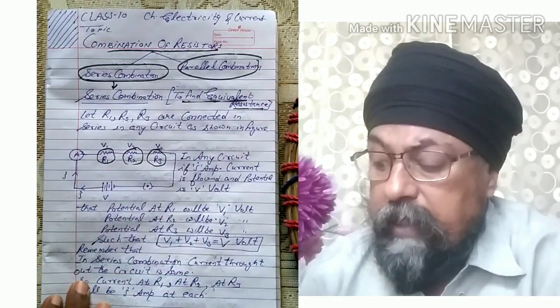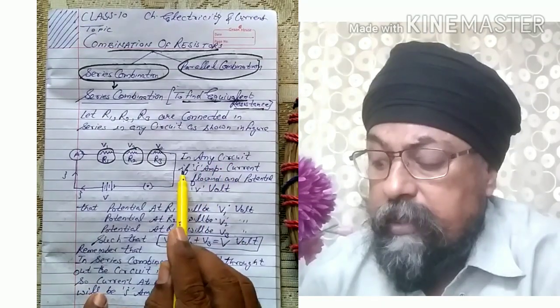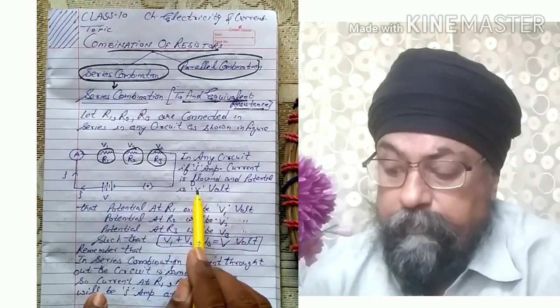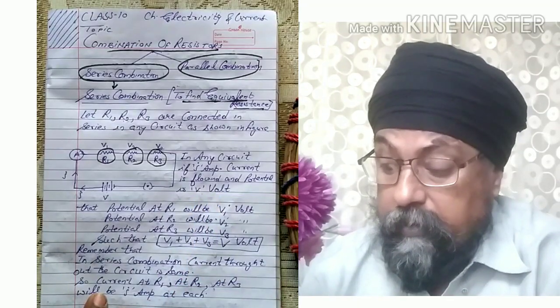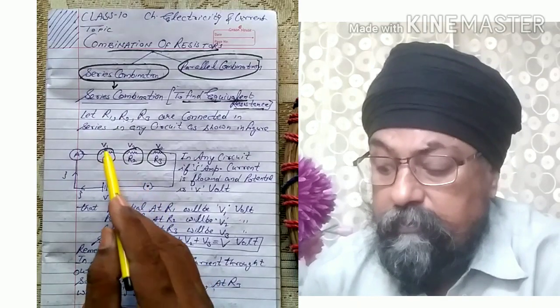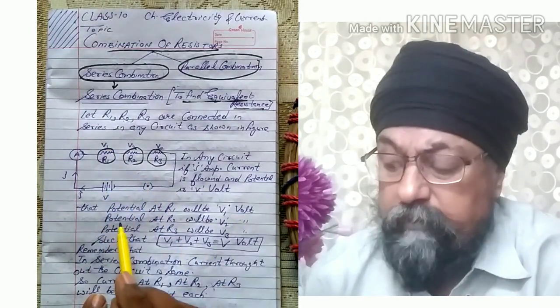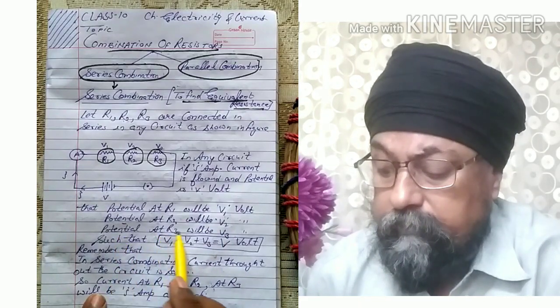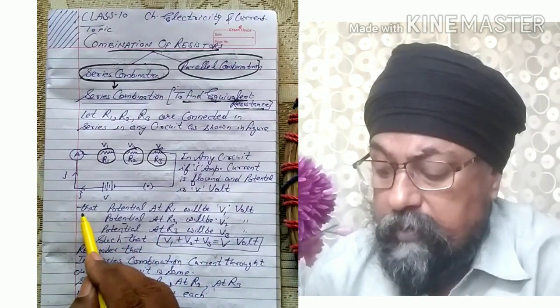In any circuit, if I ampere current flows through a potential of V volt, let the potential at R1 be V1 volt, at R2 be V2 volt, and at R3 be V3 volt.